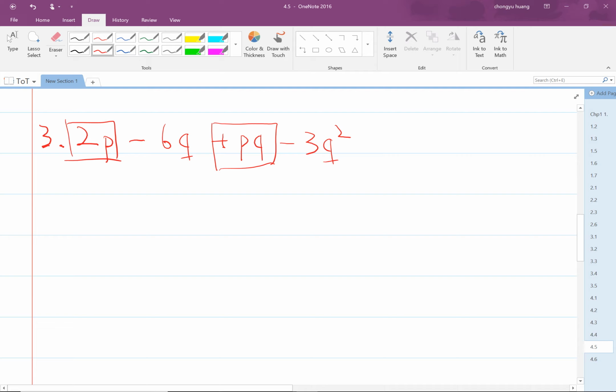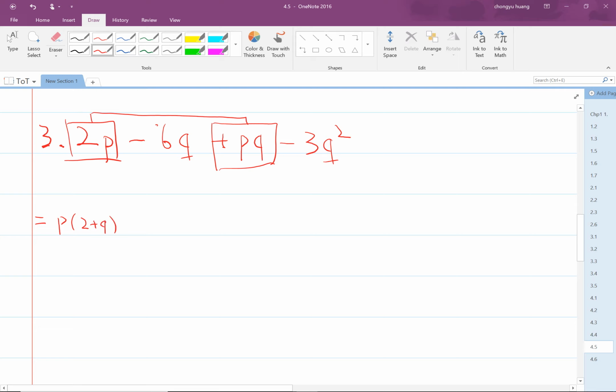In those two terms we have a common factor, which is p. So you write out the p, and then it becomes 2 plus q. That's what you get.